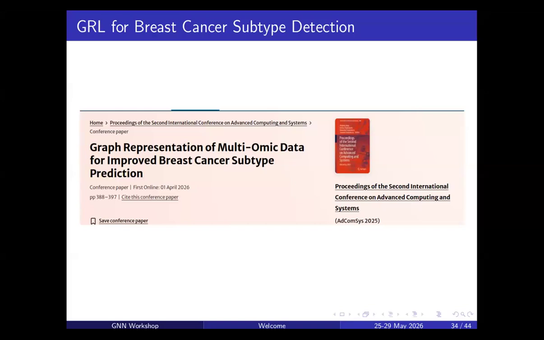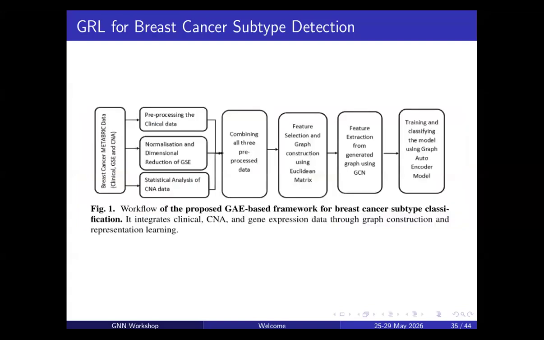So each patient's features will be represented by this kind of features. And if you see the methodology, based on these features, clinical and many other features, after doing all the pre-processing, a graph is constructed. For each patient, based on these features, we compute the patient similarity.